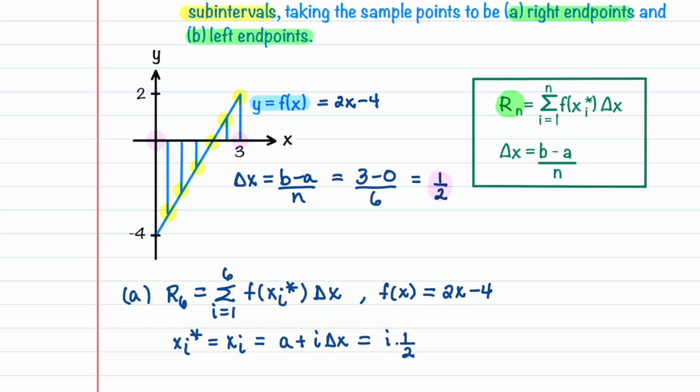So this is i times 1/2. And now let's see what these points are. i starts at 1, so this is going to be 1/2. And then when it's 2, we get 1, and then we get 3/2. We get 4/2, which is 2, and then we get 5/2. And then our last one is when i is 6. 6 divided by 2 is 3.